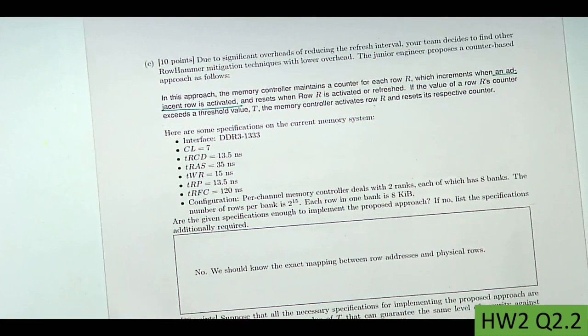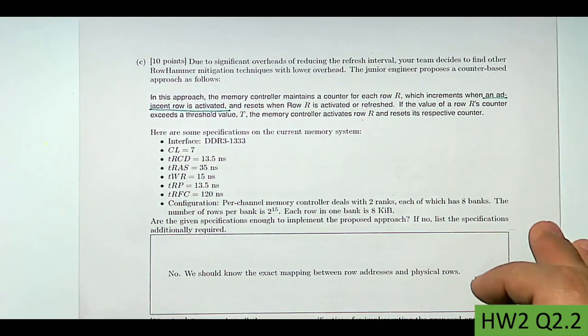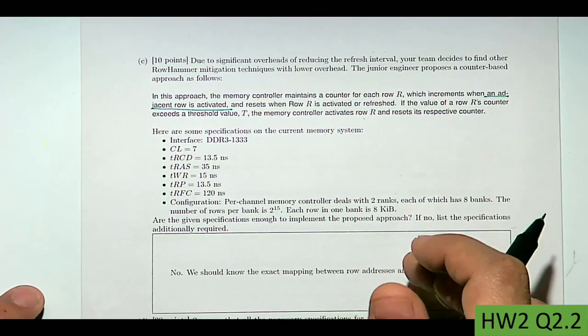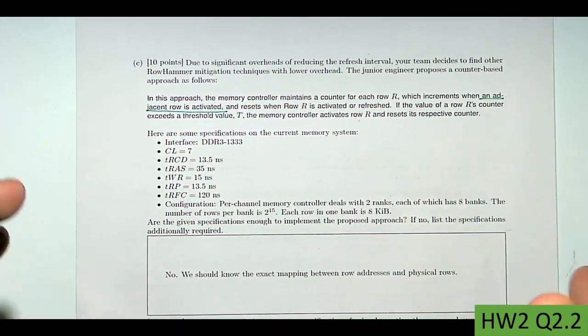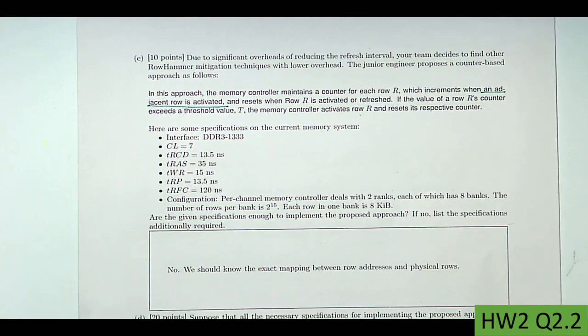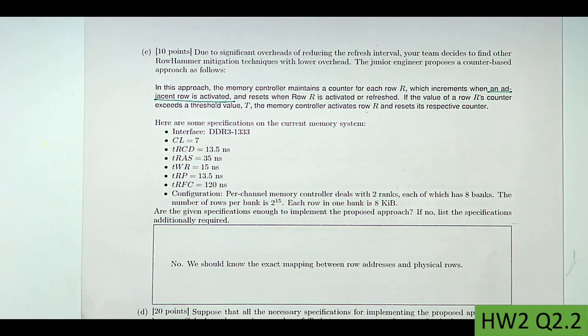But here, they did not choose that approach. Instead, they count the adjacent rows' activations, and if it exceeds the threshold value, it refreshes the potential victim row. There are many pros and cons for each approach.